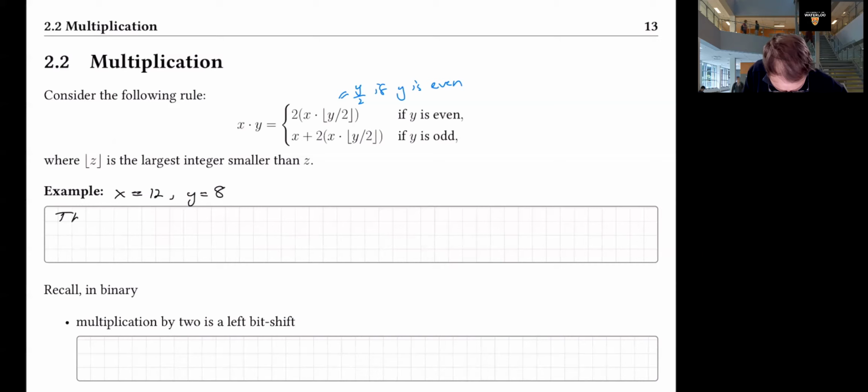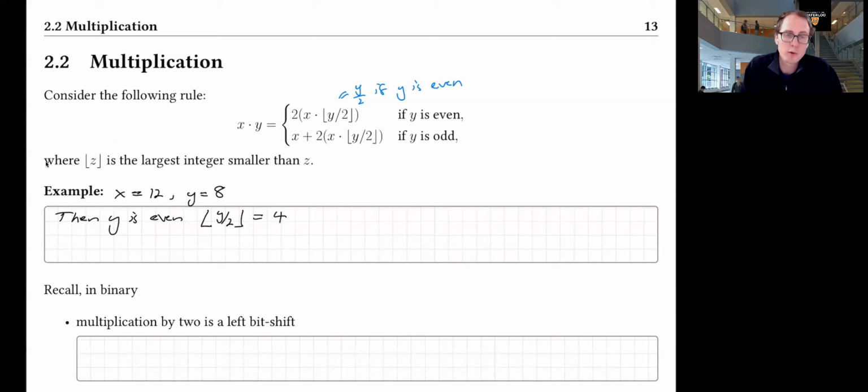In that case, y is even, and so the floor of y over 2 equals 4.